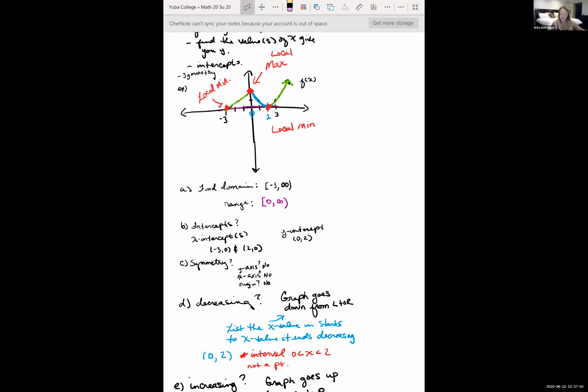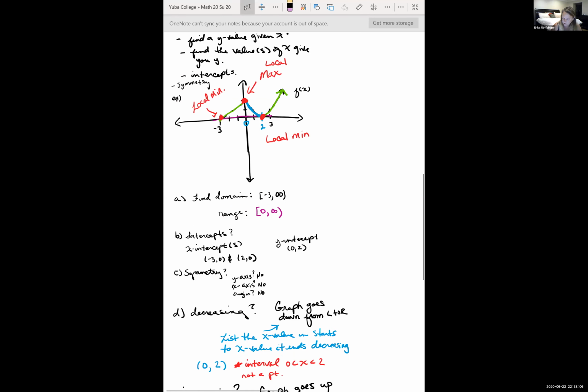So when they ask if there's a local max or a local min, the local max and the local min are the y values, and the x values is where it occurs. So if they say, what is the local max and local min? So if I said, what is the local maximum?